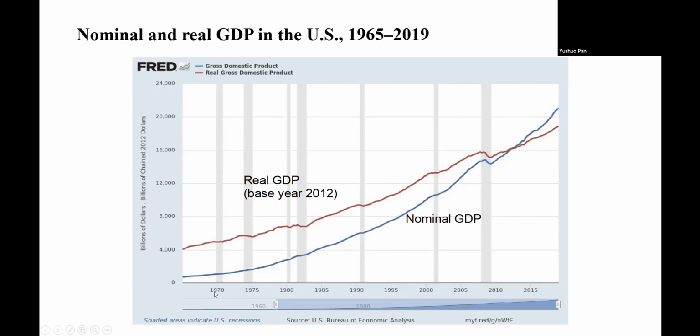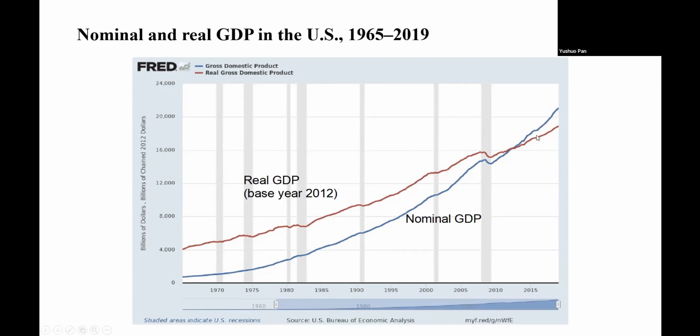So back in the 1970s, the difference between nominal GDP and the real GDP is much higher. And it gets smaller and smaller until 2012, the base year, when the nominal GDP equals real GDP.